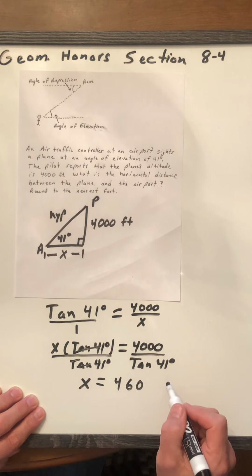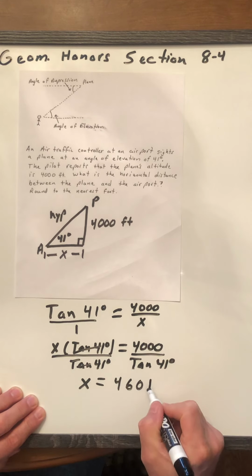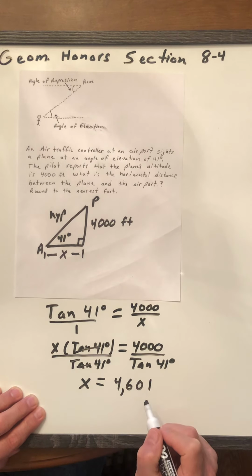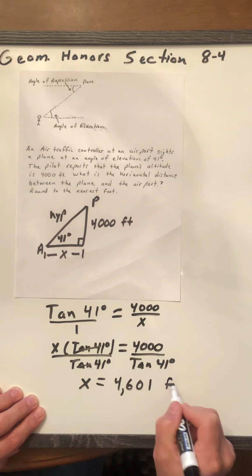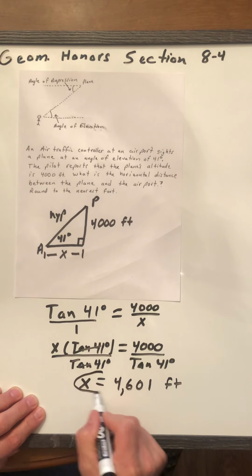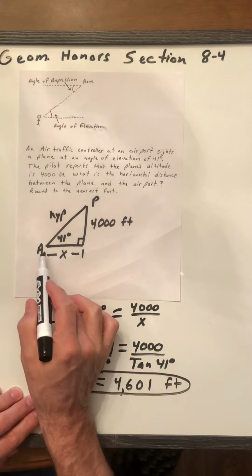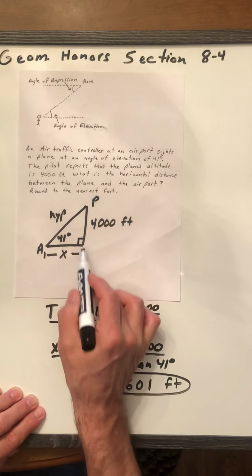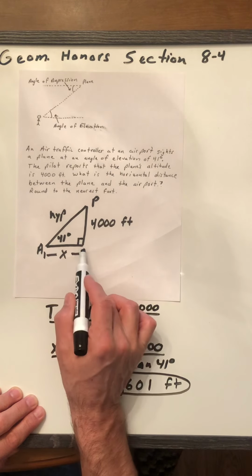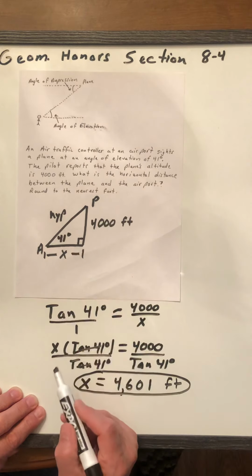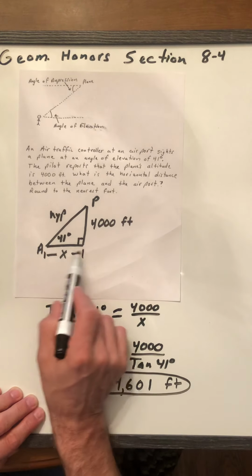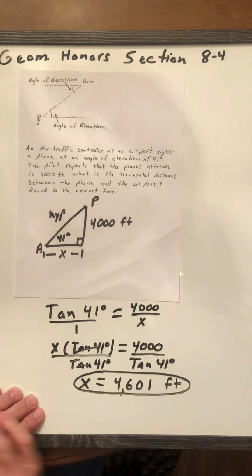It said round to the nearest whole number, and so it would be 4,601, and that would be feet. And so the distance from the airport along the horizontal on the ground to where the plane is right above that x would end up being 4,601 feet.